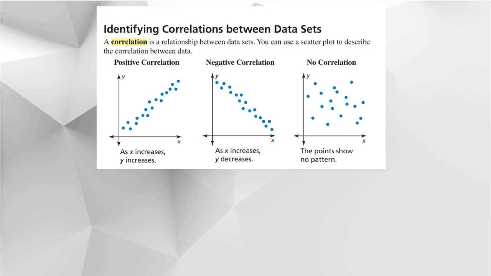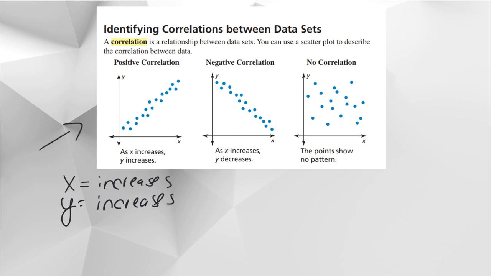If you notice here, you can see that the trend is increasing, correct? In the first example, you could say as x increases, what's happening with y? It's also increasing because it is positive.